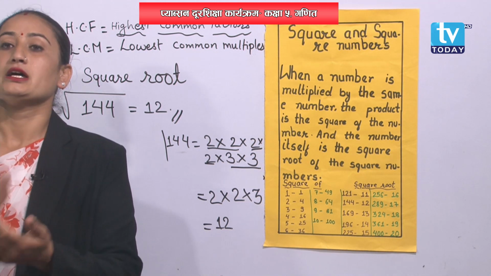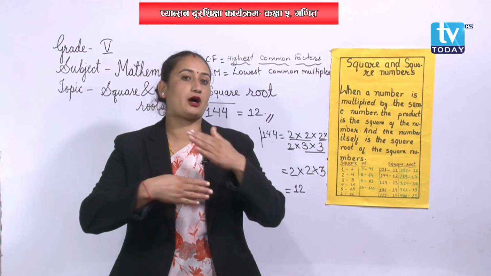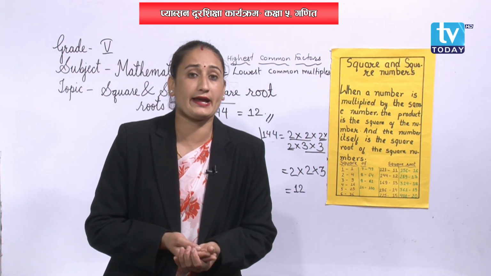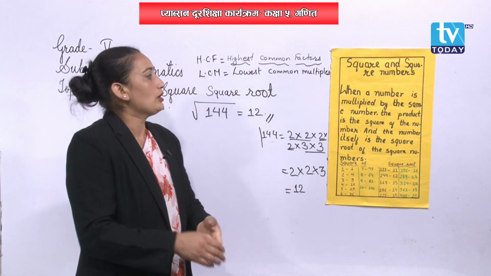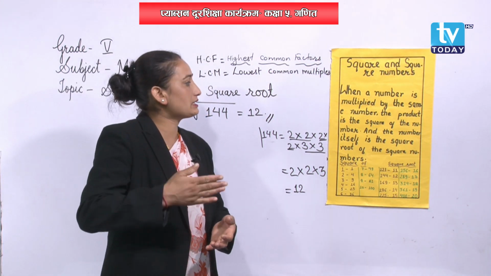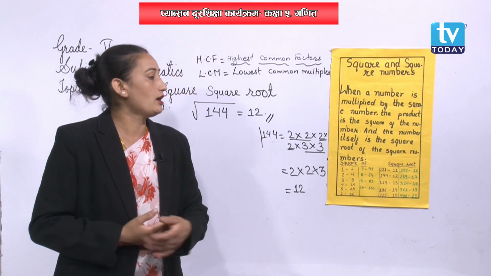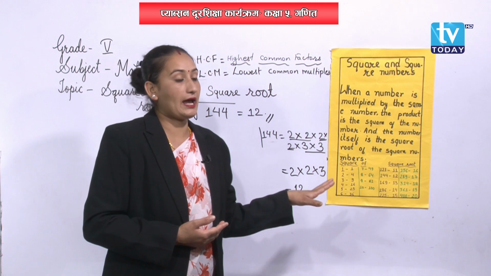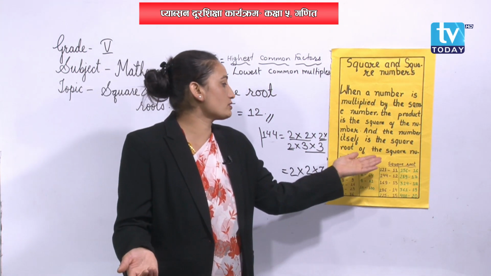Right students? So in square, how to find the square numbers? It's a double, multiplying with the same number, right? Let's have a look once again at this chart. When a number is multiplied by the same number, the product is the square of the number. And the number itself is the square root of the square number.